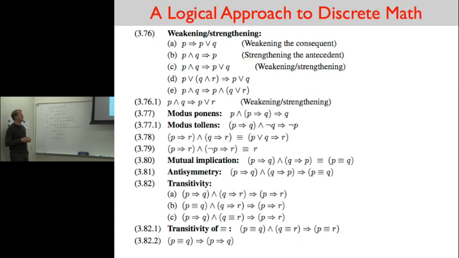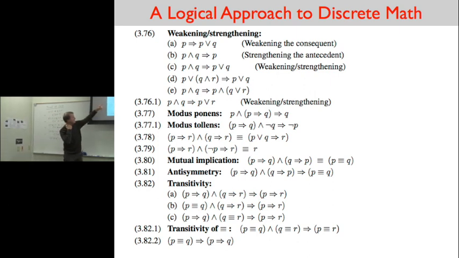Did somebody say it was A? It is A. It's weakening the consequent. What does 3.76a tell us?